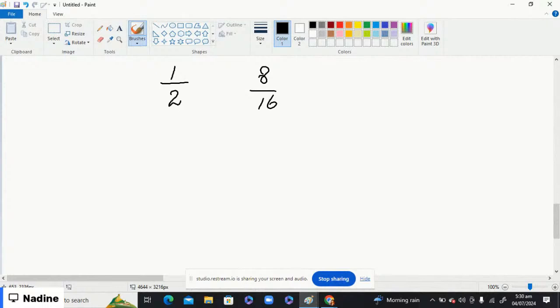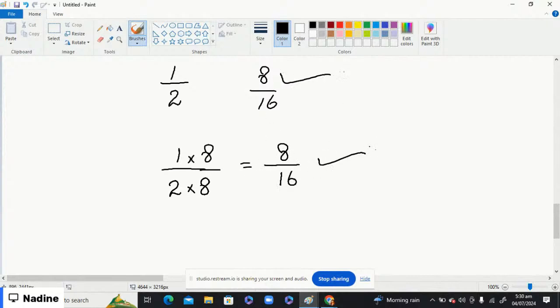So let's take 16. For 1 by 2, multiply by which number can you get the denominator 16? We are going to multiply both the numbers by 8. 8 times 1 is 8 and 8 times 2 is 16. Look at here, this is 8 by 16, this is 8 by 16.